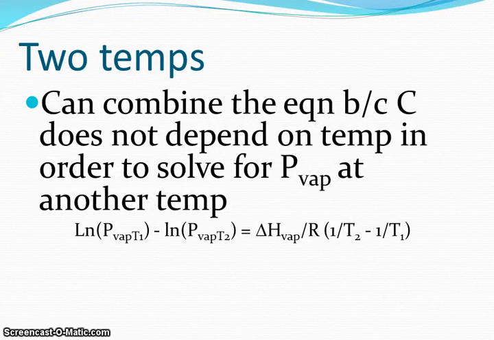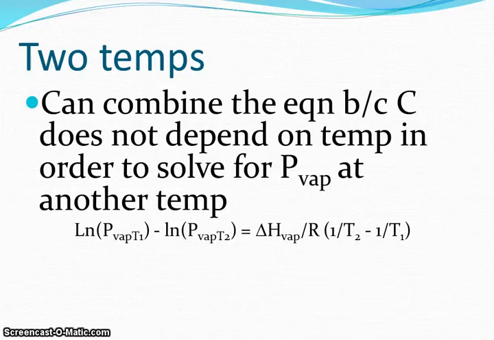And we're going to get an equation that tells us that the natural log of the original vapor pressure minus the natural log of the final vapor pressure will equal our enthalpy of vaporization divided by our gas law constant times the inverse of temperature 2 minus the inverse of temperature 1.